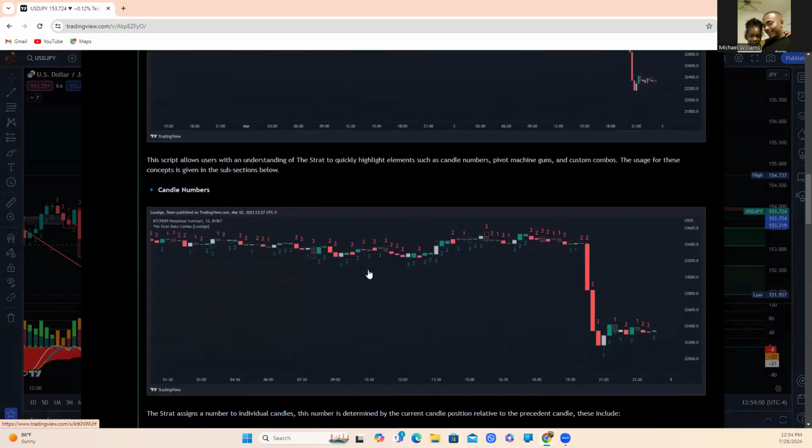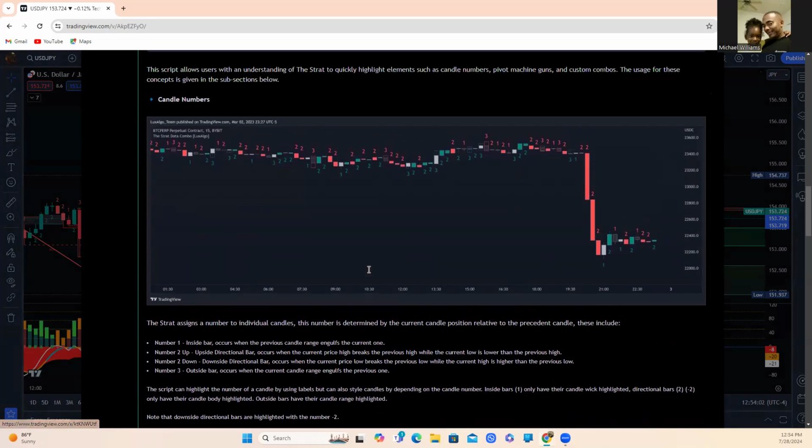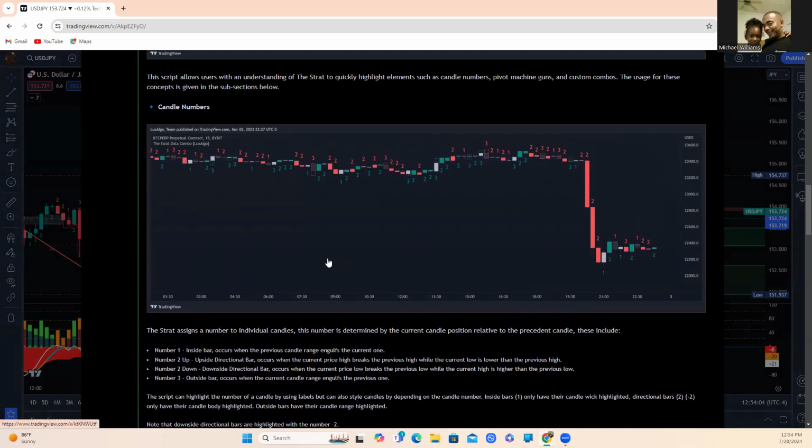Okay, so we're going to go into numbering. The candle numbers. So the Strat assigns a number to individual candles. This number is determined by the current candle position relative to the preceding candle. So the previous candle is what the numbers are based off of.